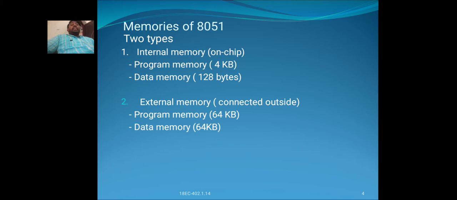Internal memory means on-chip memory, external memory means memory connected outside. The internal memory has program memory of 4 kilobytes and data memory of 128 bytes.